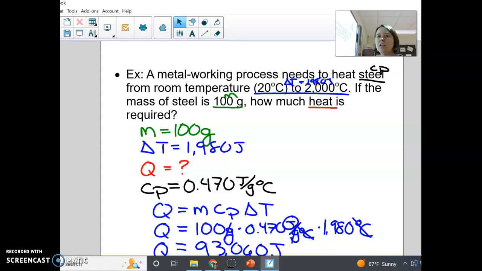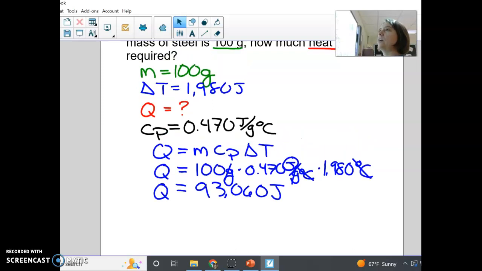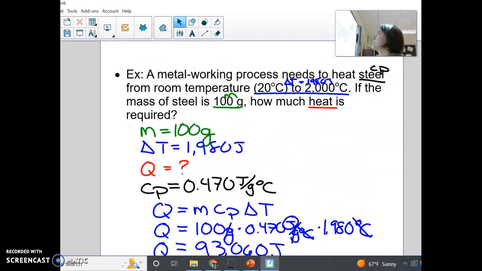So the question is, did we answer the question? How much heat? Well, heat is measured in joules, and our answer has joules, so we set it up correctly and we answered the question. The second thing is, does it make sense? So if your specific heat is 0.470, that's about half a joule of energy per gram degree Celsius, but we don't have 1 gram, we have 100 grams, so that would be about 50 joules for every degree Celsius.